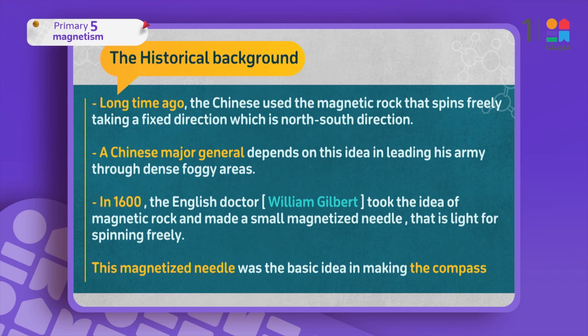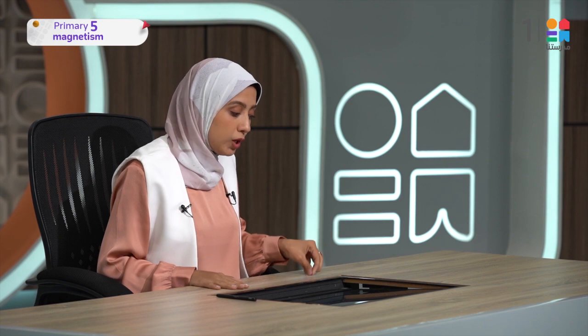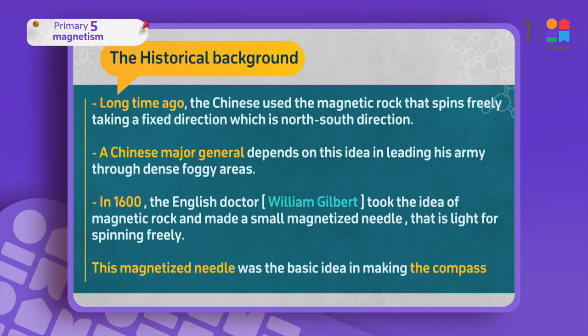From here, a Chinese major general depended on this idea in leading his army through dense foggy areas. He used this idea to know in which direction his army should walk in the dense foggy areas. They can't see anything in front of them. So how do they know the way? Through this idea. And from here, in 1600, the English doctor William Gilbert took the idea of the magnetic rock.